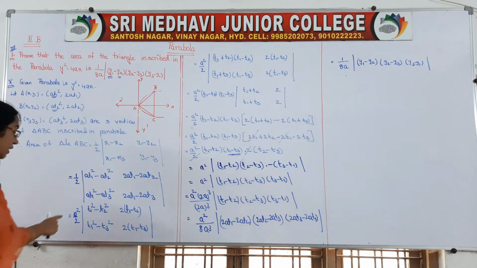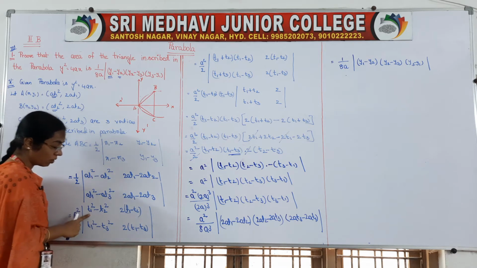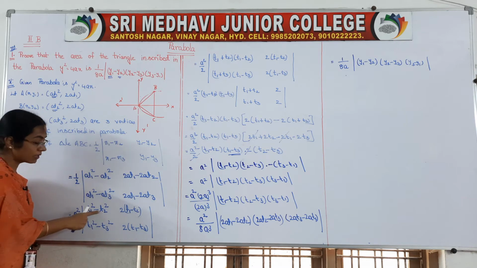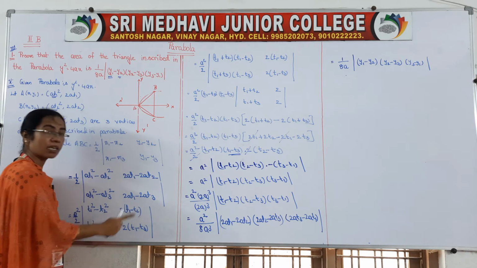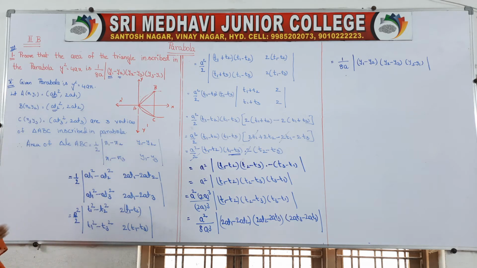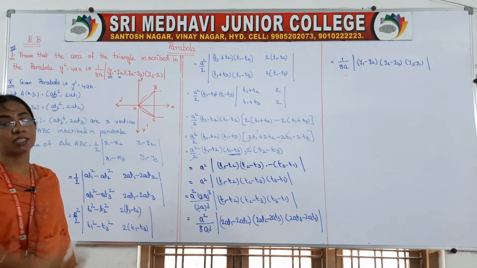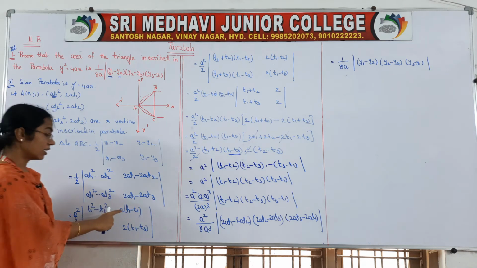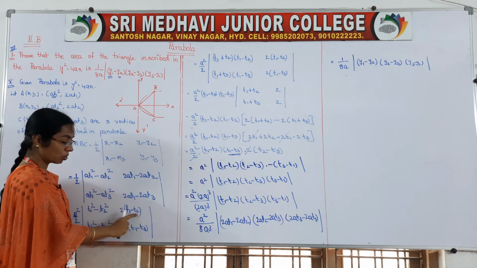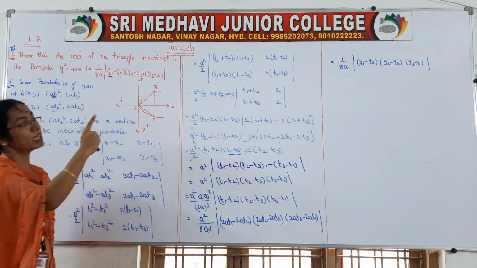So it is a square by 2. What is this? t1 square minus t2 square, 2 into t1 minus t2. It is the a square minus b square form, so I have taken a plus b into a minus b, and from these two we have taken 2 common, 2 into t1 minus t2.